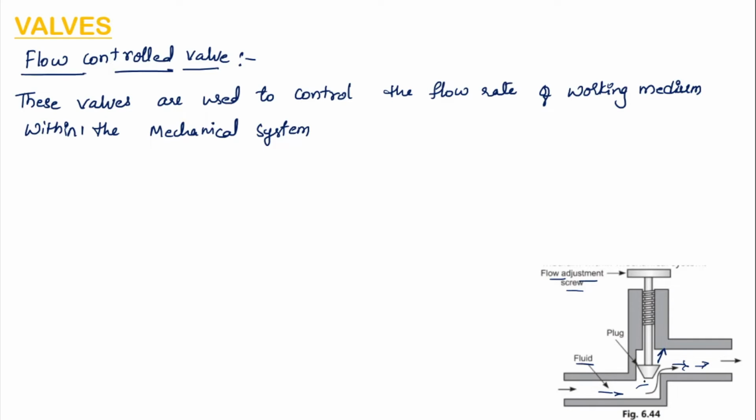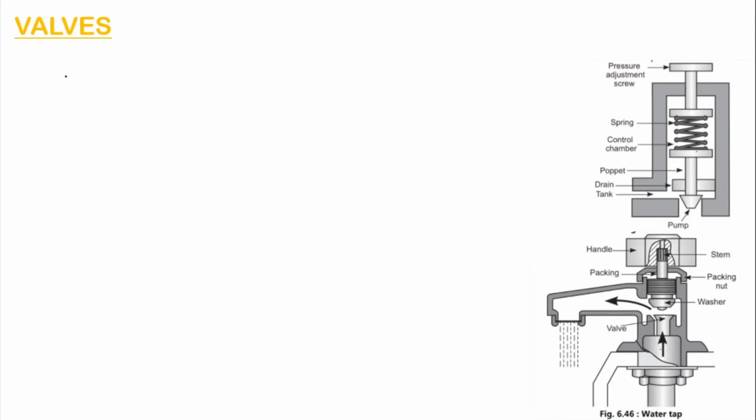Here the fluid is moving in this direction. If you want to slow down the flow rate, you move the screw downward. This plug will then resist the flow of the fluid. In this way you can control the flow of the fluid within a mechanical system with the help of this flow control valve.